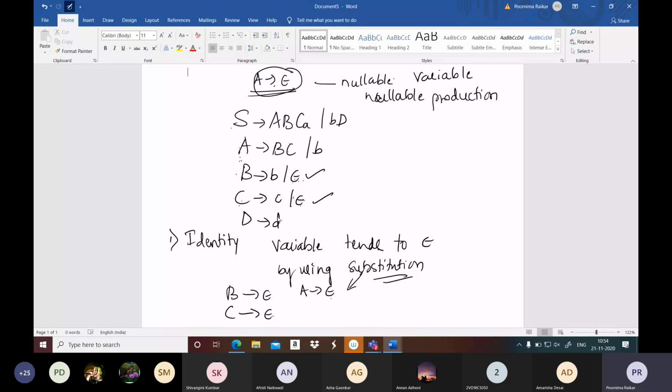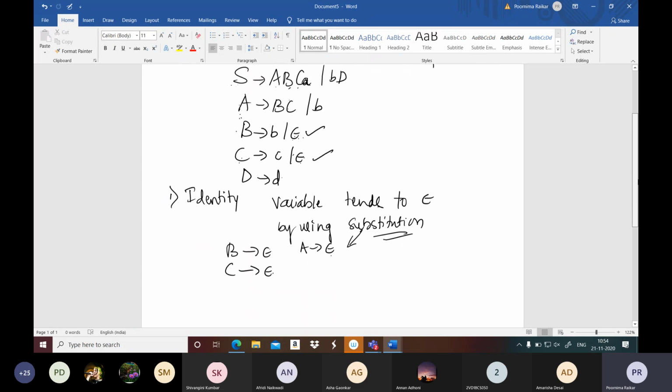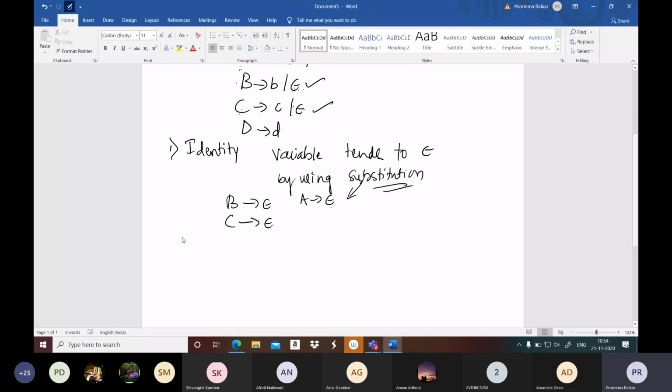Now just see with D, there is no possibility. You can substitute A with epsilon, B with epsilon, C with epsilon, but there is one small a here. So S will not tend to epsilon even with this. So the first step is to identify all the variables which tend to epsilon production.